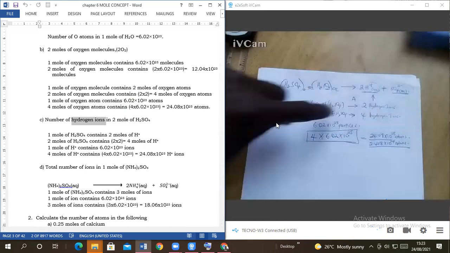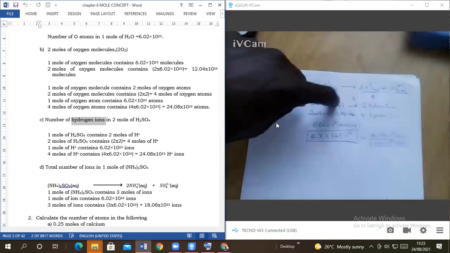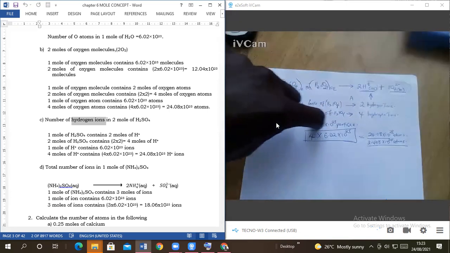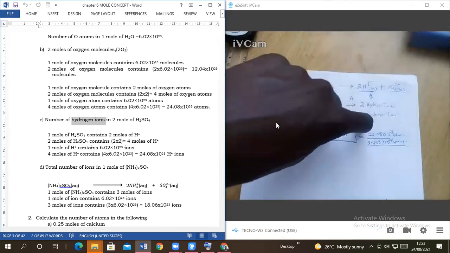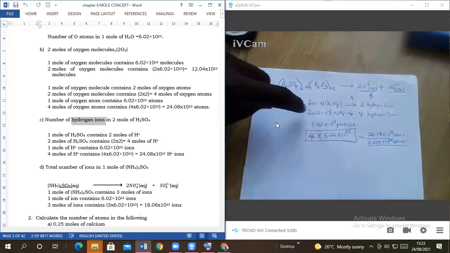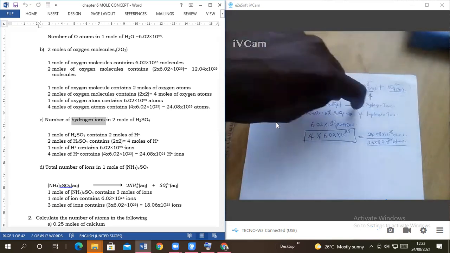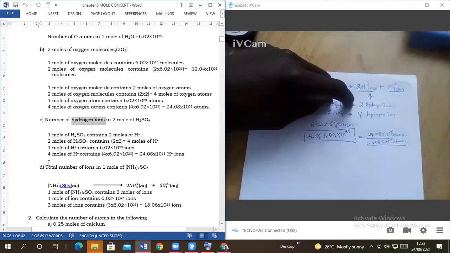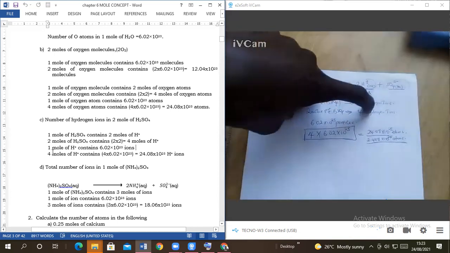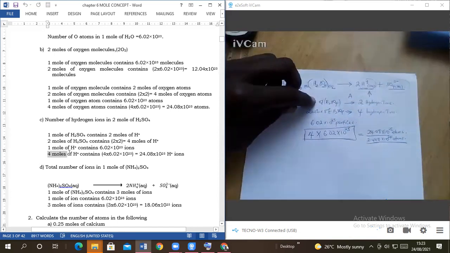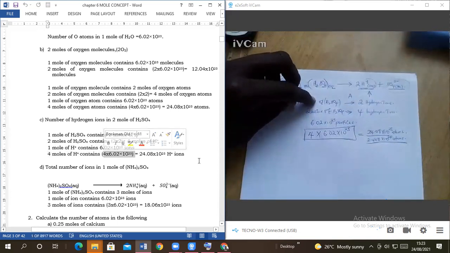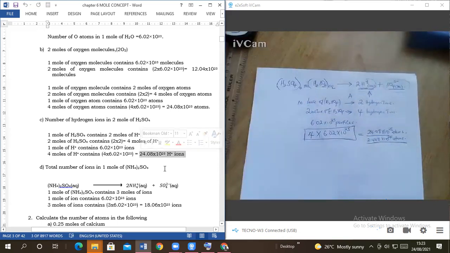So if you want particles, 1 mole of hydrogen ion contains 6.02 times 10 to the power 23 particles. What about 2 moles of sulfuric acid? 4 hydrogen ions, so you get 4 times the particles. This is the answer. It stops there.